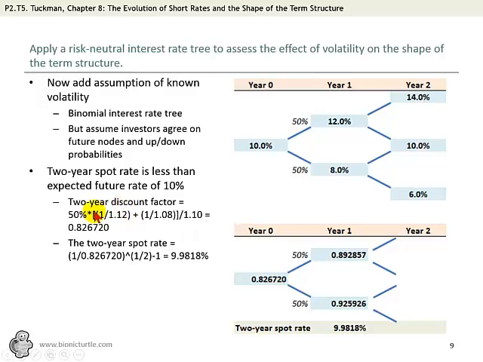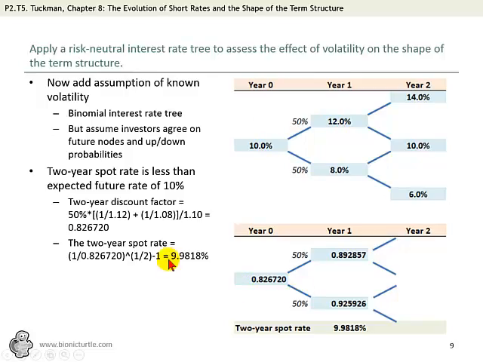It's by taking 1 divided by 1.12 plus 1 over 1.08, multiplying that sum by 50%. So that's really taking the weighted average of these nodes and then discounting here at the 10%.